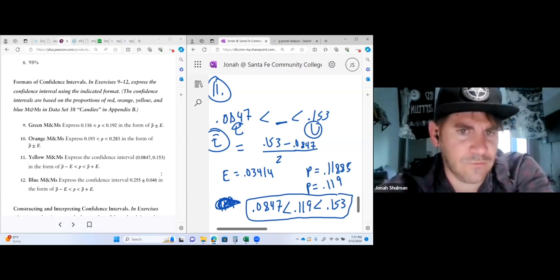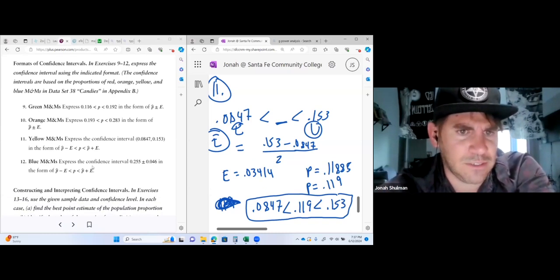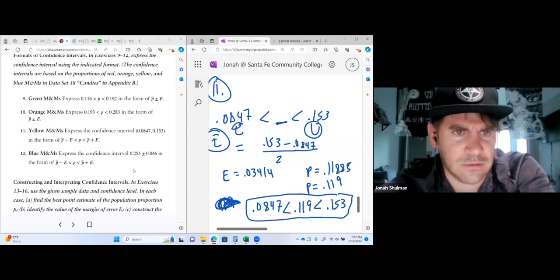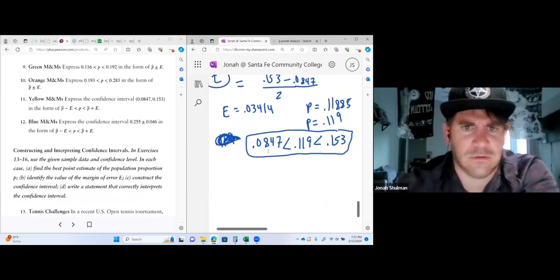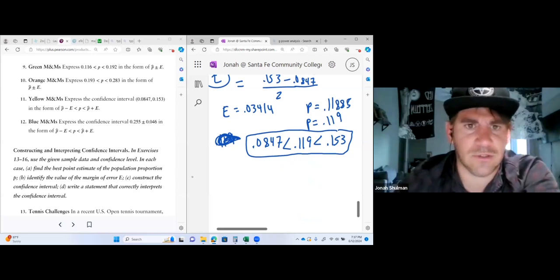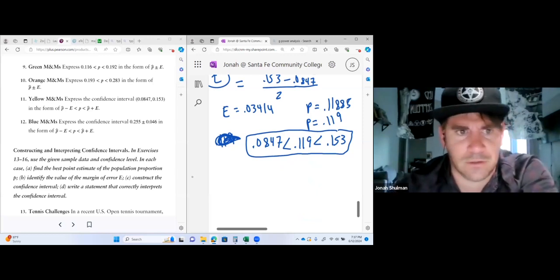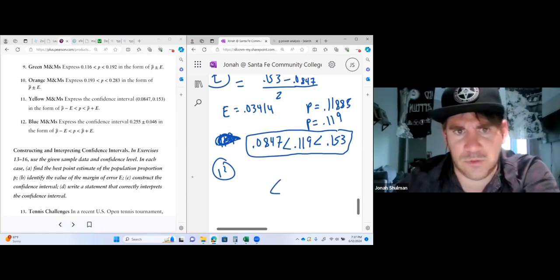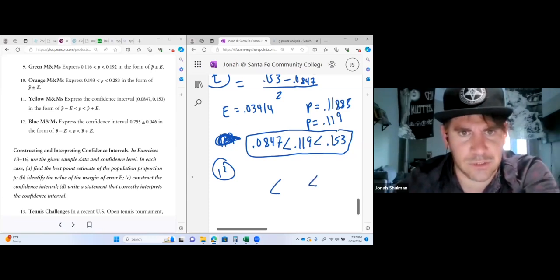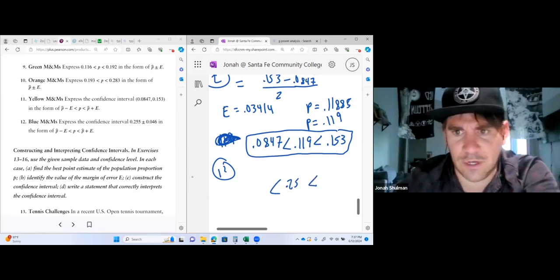All right, in 12, express the confidence interval of 0.255 plus or minus 0.046 in the form of this. Oh, okay. To me, it's just, we need the smaller number. So for 12, we have the middle number, which is 0.255.